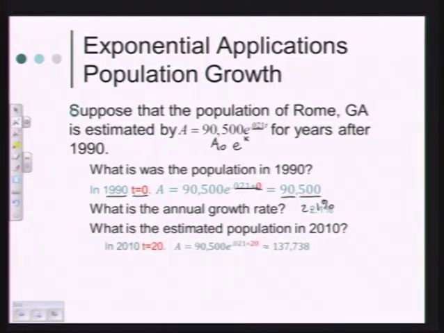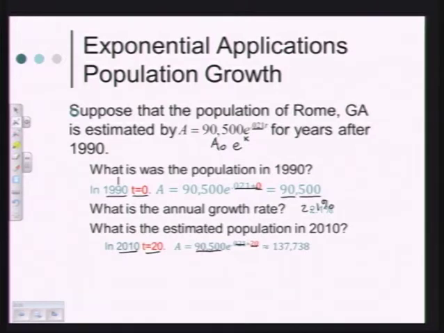Well, in 2010, we're going to have t equals 20, 2010 minus 1990, which is when we began counting time. The amount then will equal a sub 0, 90,500, e to the k, 0.021, t is 20.